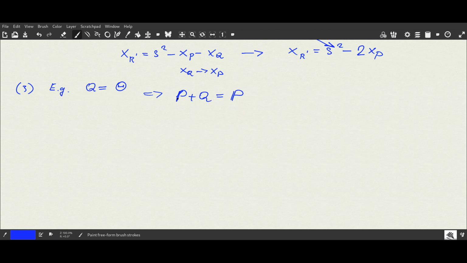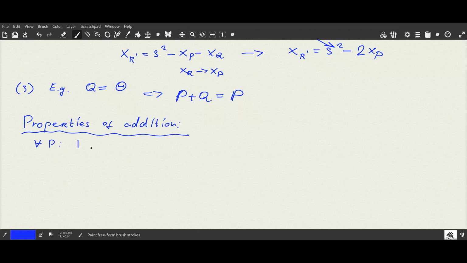Moreover, what can we say? So, properties of addition. By definition, for any P, P plus theta is P. That's by definition.